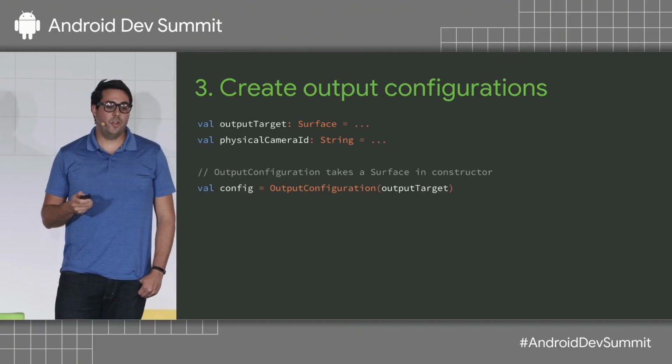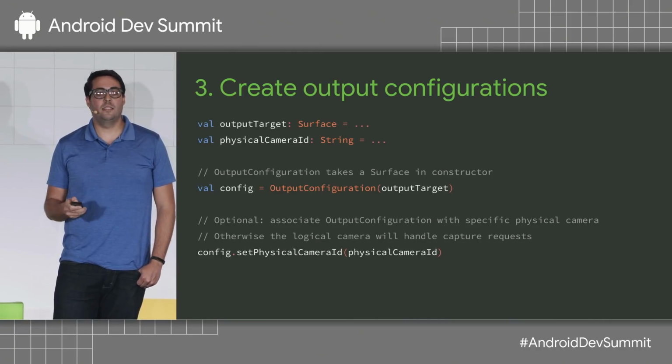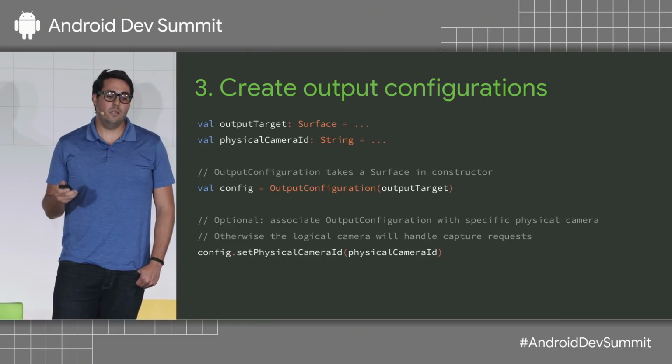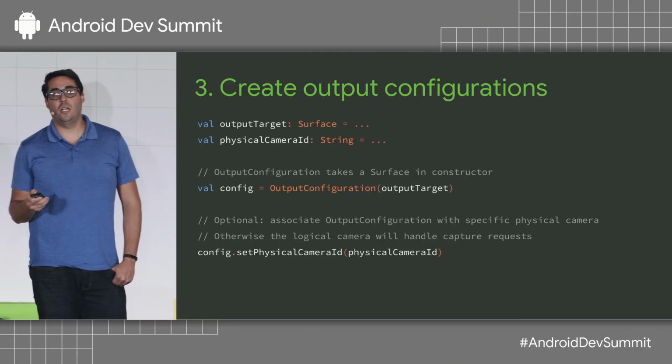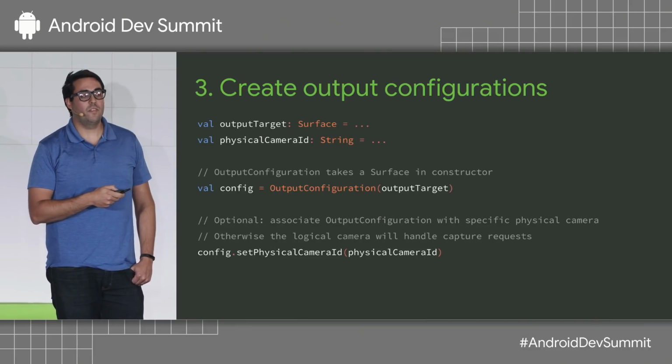We create the output configuration object using our desired output target. And if we want to associate that output with a specific physical camera, then we pass the ID in the setPhysicalCameraID API. If we want to use a logical camera, we can simply skip this step. We may also have a combination of both.